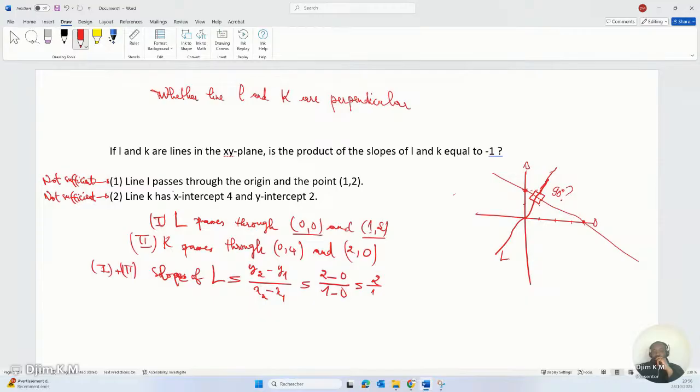So this will be 2. We can also find the slope of K we have here. So y2 is 0 minus y1, minus 4, x2 is 2 minus x1 is 0.